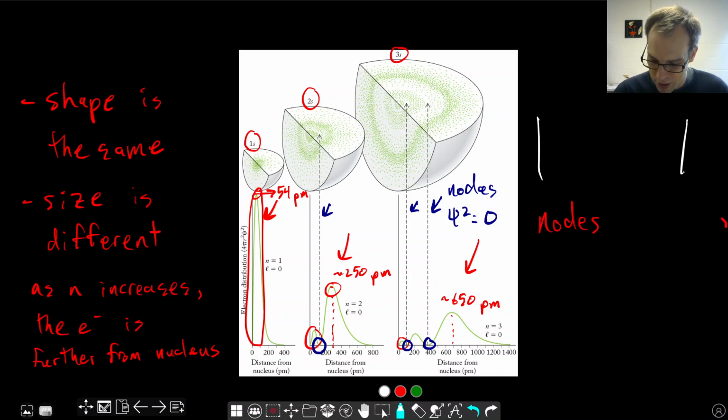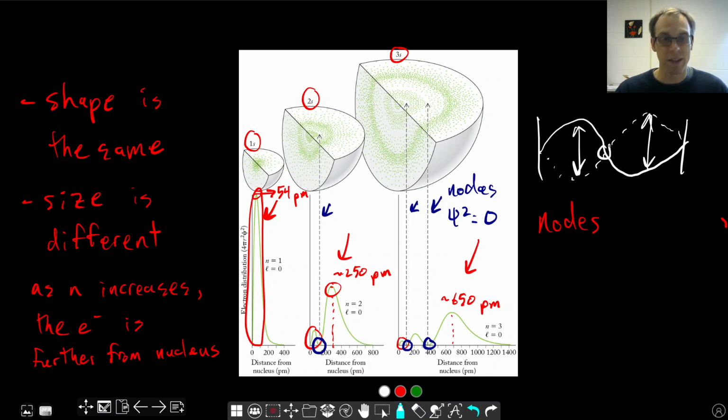If we have a vibrating string, say something like this, the string will vibrate up and down. If we imagine this as a sine wave, it'll move up and down, but there'll be a point in the middle here that doesn't move at all. And this is what we call a node.